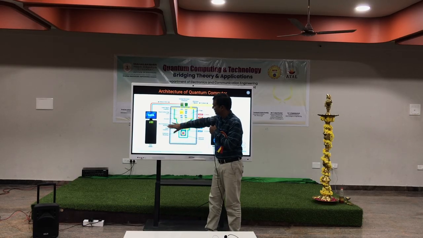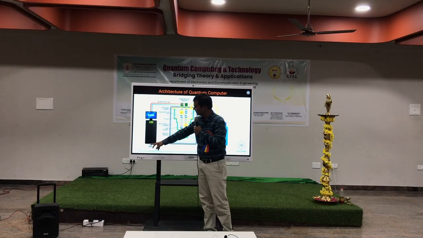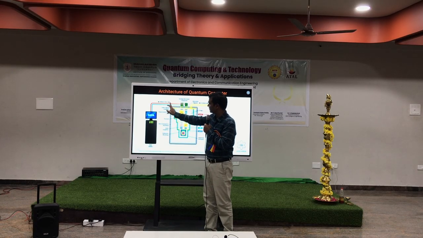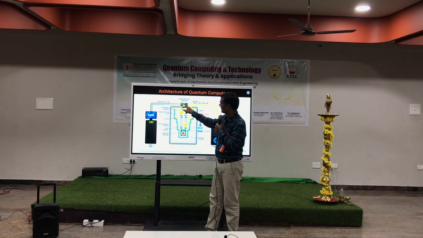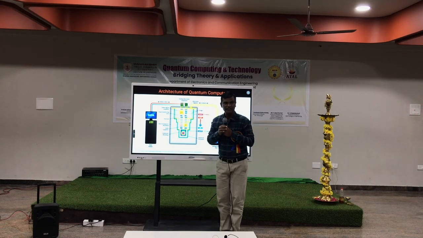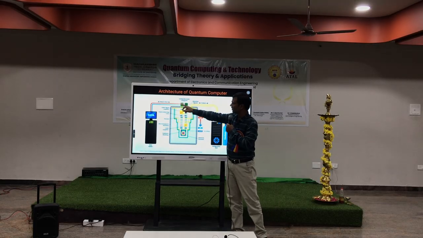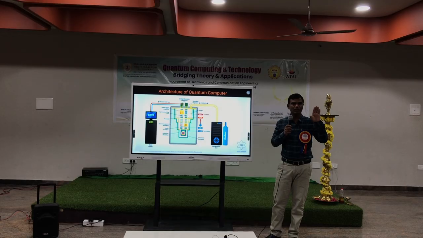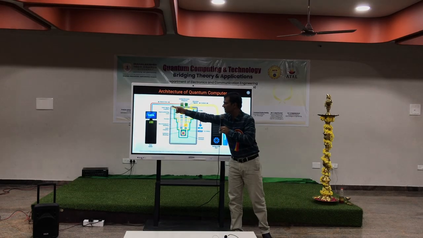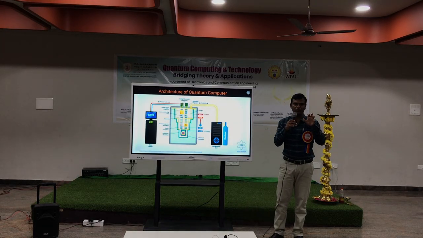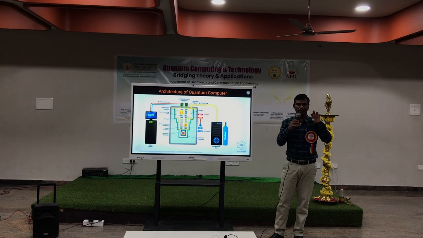Here the data will be presented in the form of binary data, you know all of that. And once it comes here, there will be encoders. Encoders are electronic converters that take those zeros and ones. The binary data which is entering here will be encoded in the form of states or in the form of vectors.